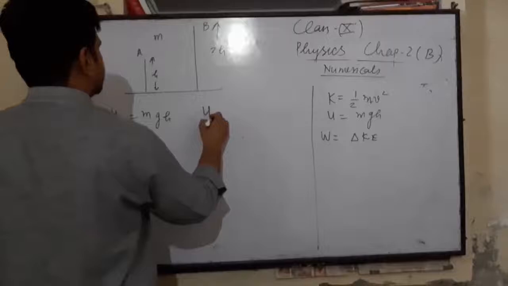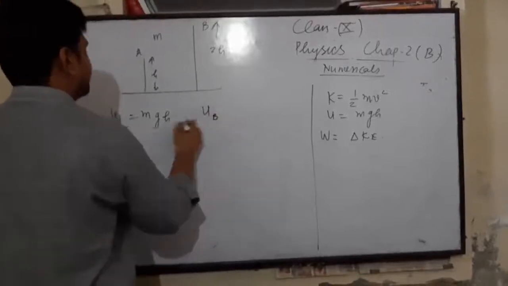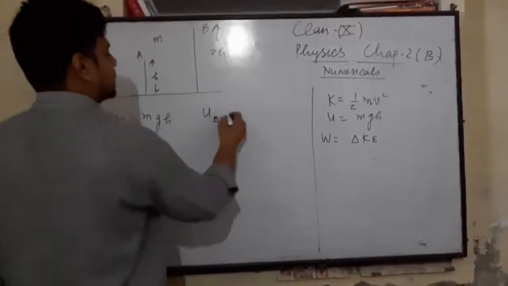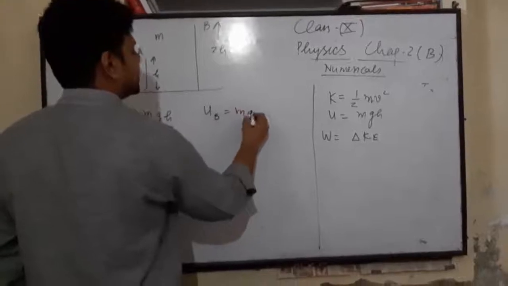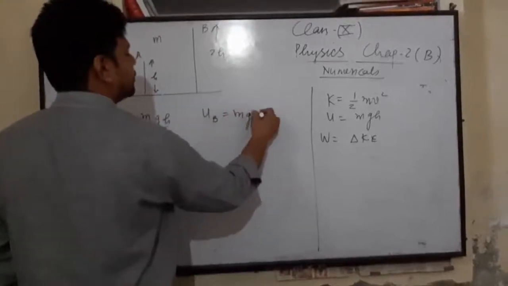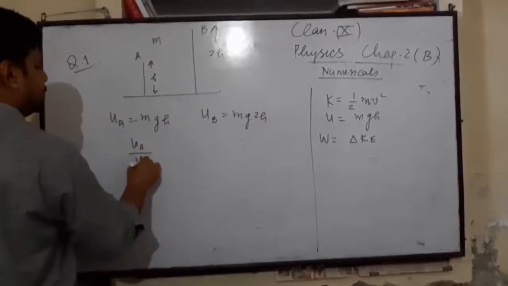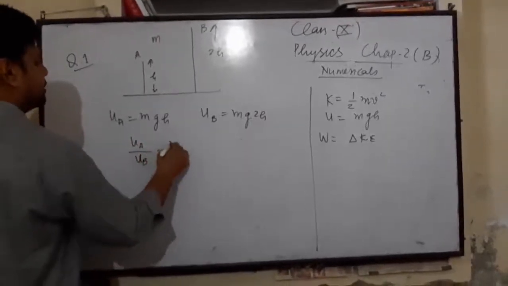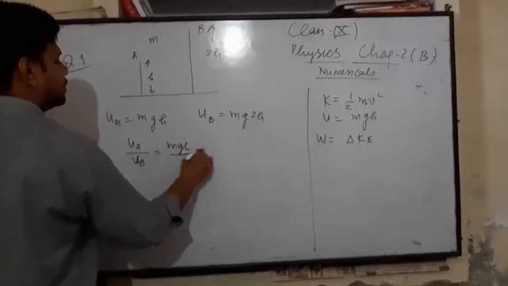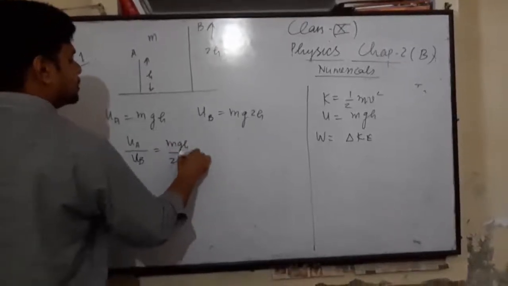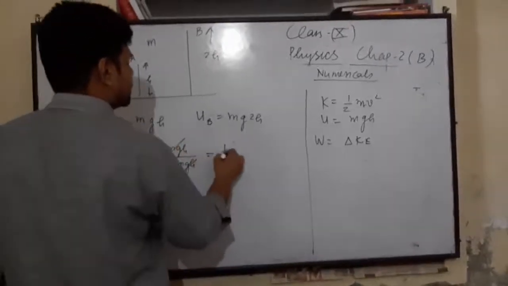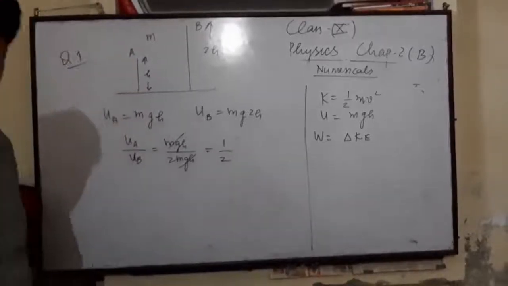And for this object, UB, mass is the same, g, and the height is 2h. So UA upon UB is equal to mgh upon 2mgh. The ratio is 1:2.